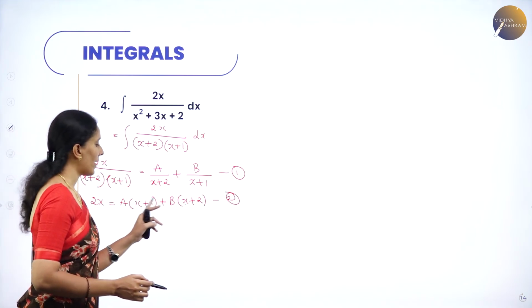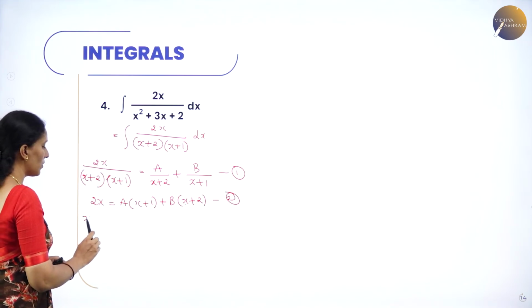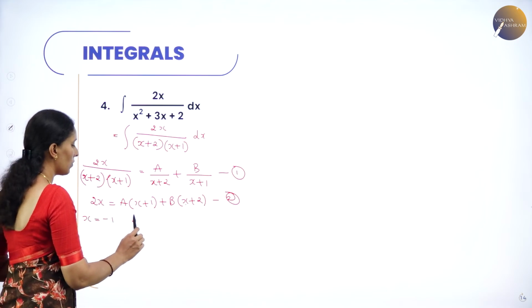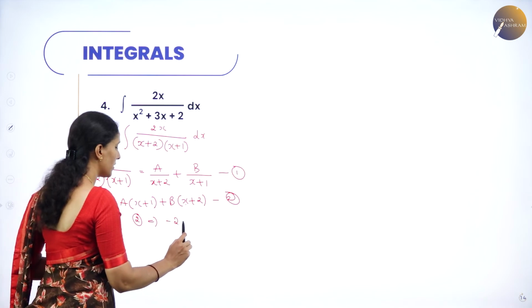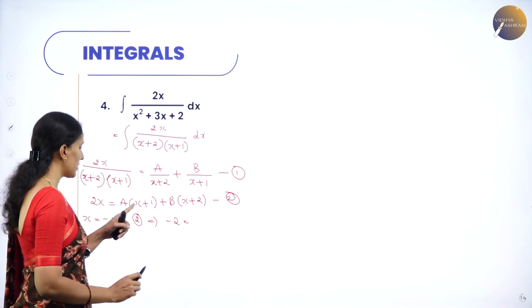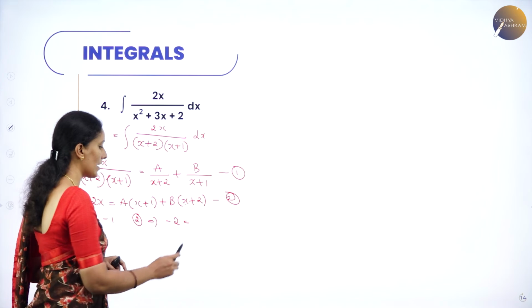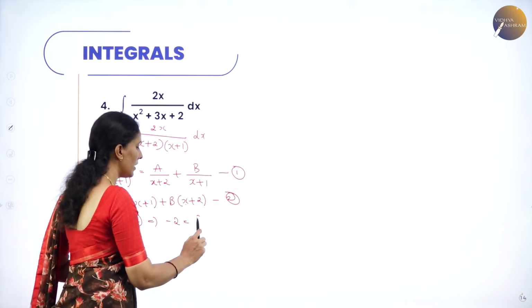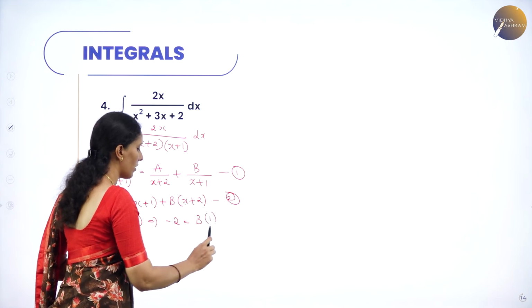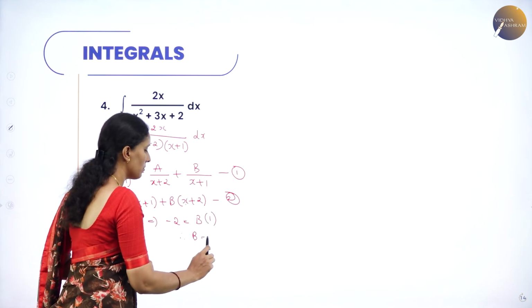Now you have two factors. Put x is equal to minus 1, then equation 2 implies: put x is equal to minus 1, this becomes minus 2. And here, x plus 1 cancels, so this term becomes 0. You have b times minus 1 plus 2, which is 1. So therefore the value of b is minus 2.